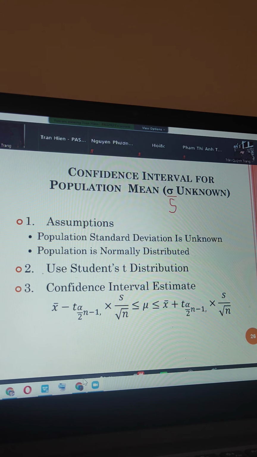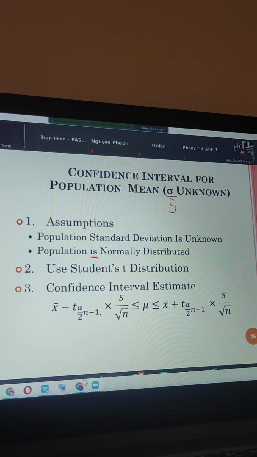Okay, so in this case, the population is exactly normal. We cannot apply the central limit theorem here because the population has an exactly normal distribution.